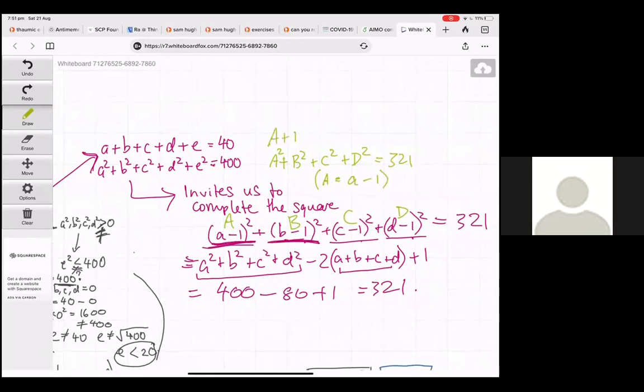So then what's A plus B plus C plus D? That's just going to be equal to all of these, but minus 1. So that means I have to subtract 5 from 40. So that's 35.